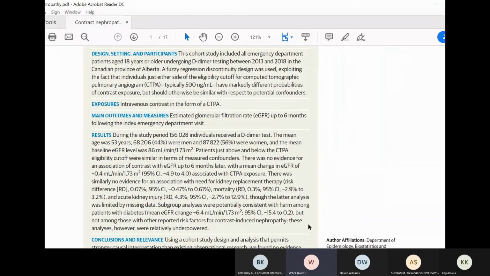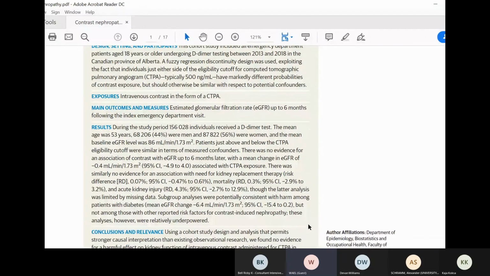The baseline GFR was 86, and the patients above and below the CTBA eligibility cutoff were similar in terms of confounders. There was no evidence of association of the contrast with the glomerular filtration rate up to 6 months' time.